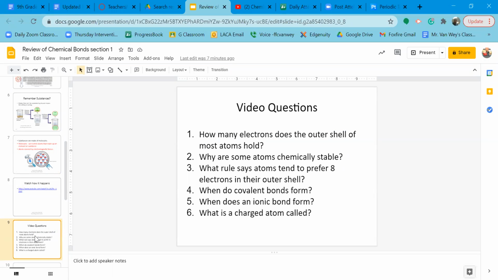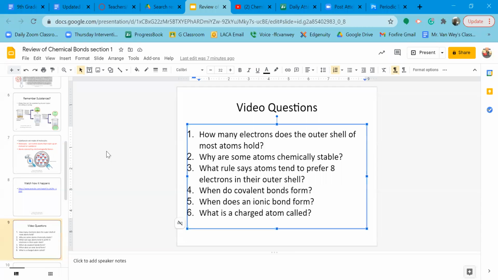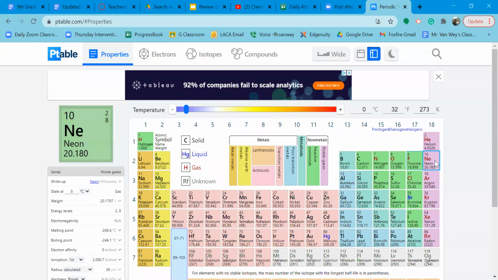So we've got an idea how it happens. The first question here is, how many electrons does the outer shell of most atoms hold? Well, they will hold up to 8 electrons. And some atoms are chemically stable because atoms like neon already have 8 electrons in their outer shell. Actually, all of the noble gases have full outer shells. They are complete.